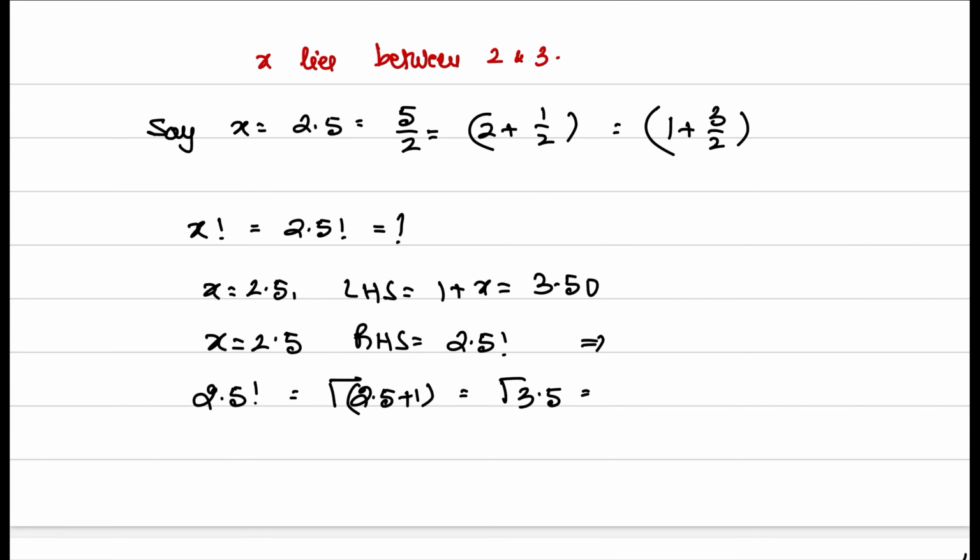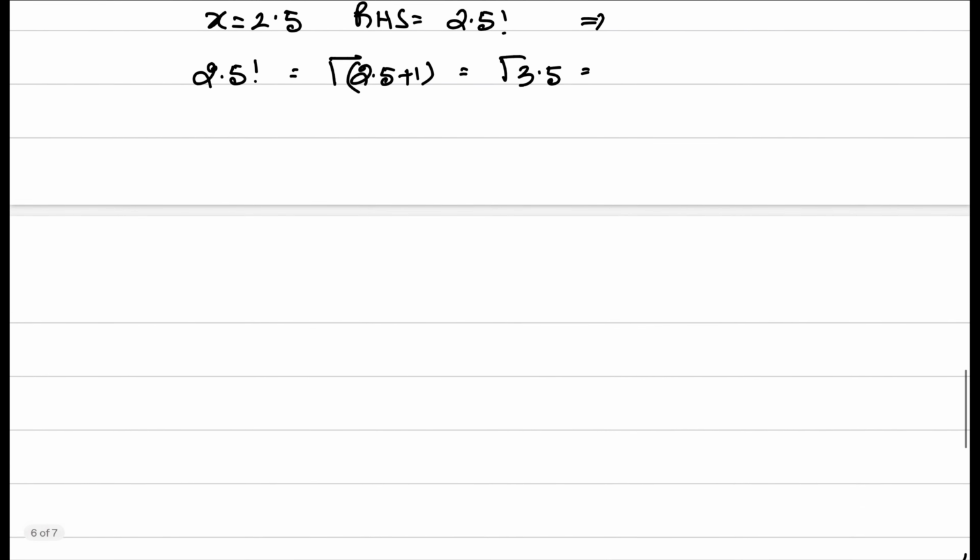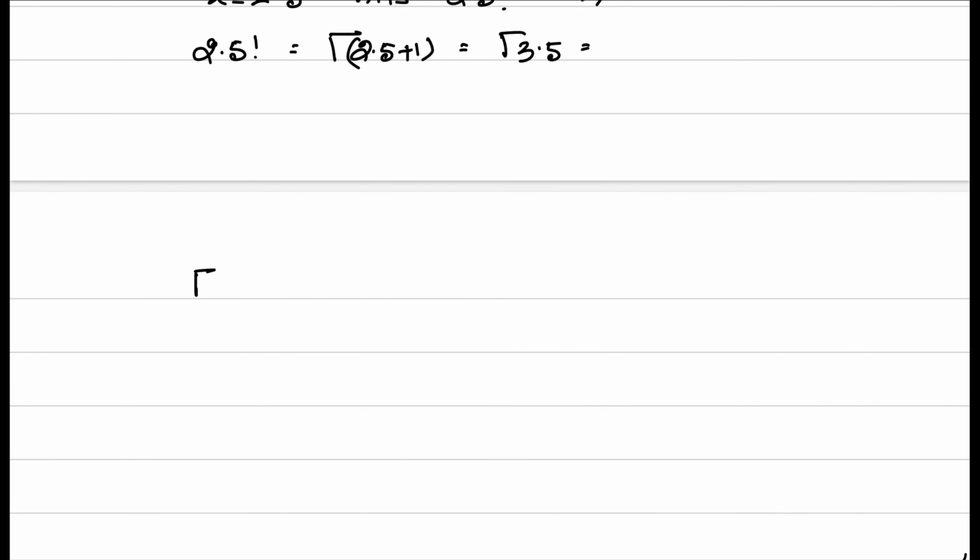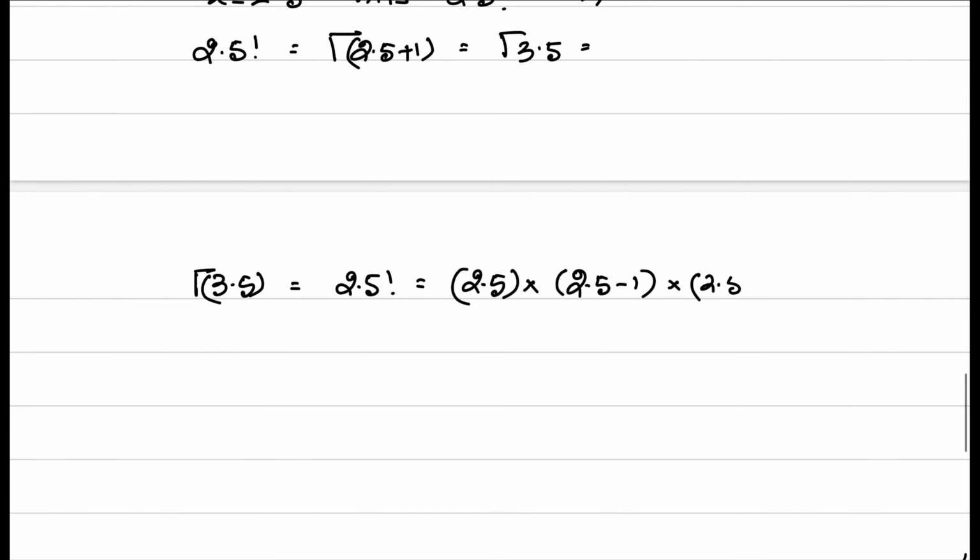What is the value of gamma 3.5? Gamma 3.5 is equal to 2.5 factorial, which is equal to 2.5 into 2.5 minus 1 into 2.5 minus 2 into gamma half.